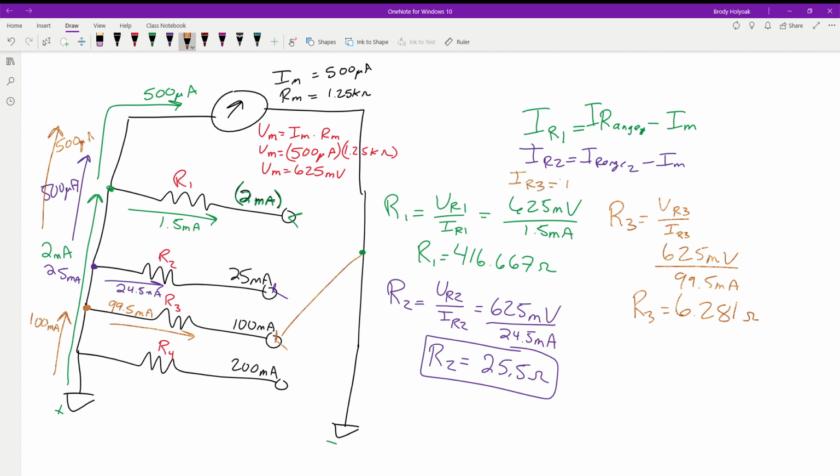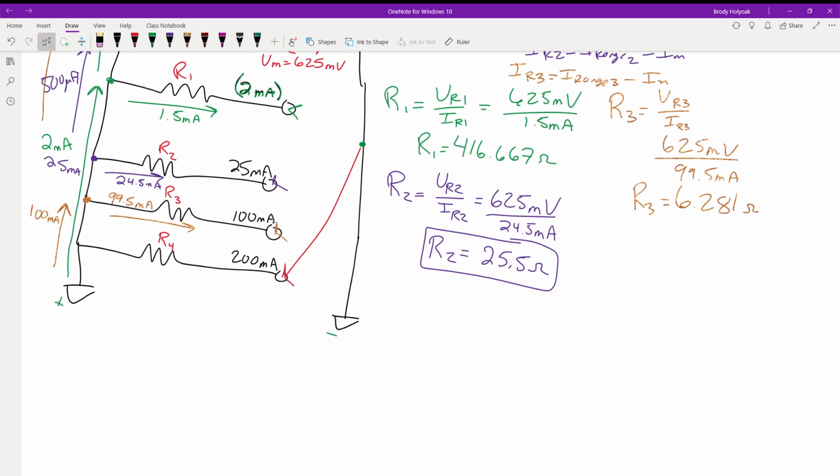IR3 is equal to I range 3 minus the current meter. Okay, and then the last step is we're going to go with our 200 milliamp.